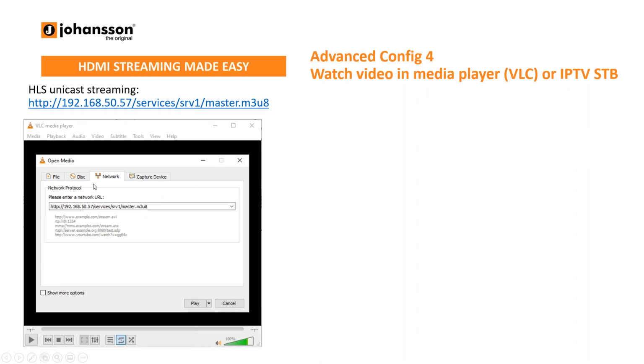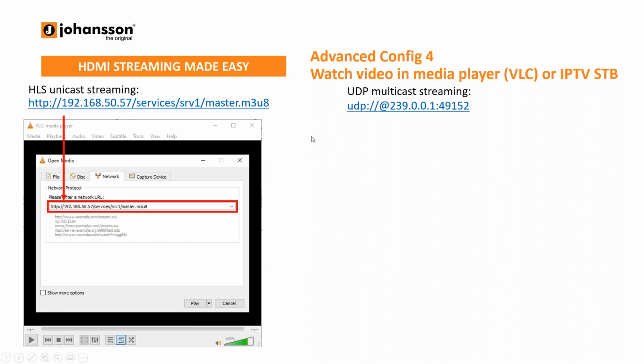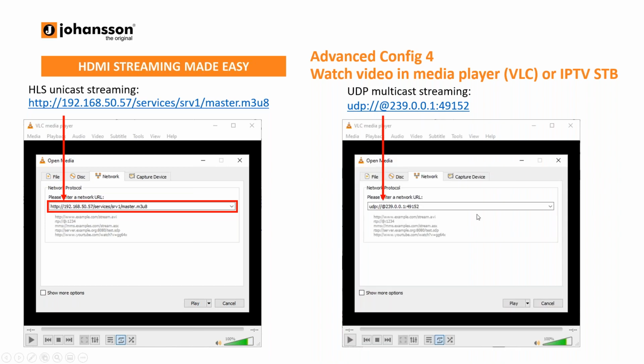You copy this in, if you go to media, open, you just copy the string in there and press play. Or if you use multicast streaming, then this is the address. With the multicast address and the port number, you put it in the same location and press play. So these are two ways that you can watch your video in VLC, for instance.